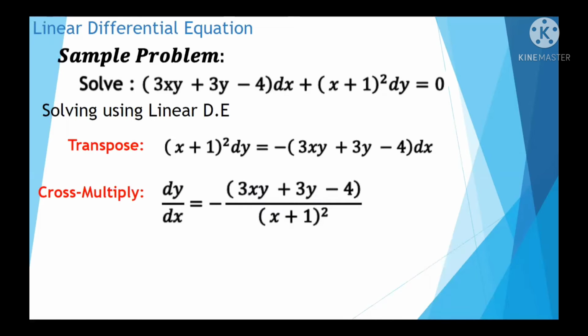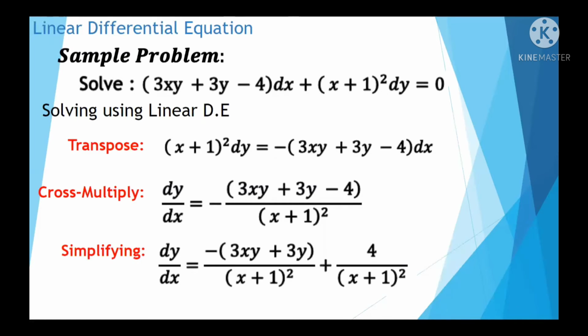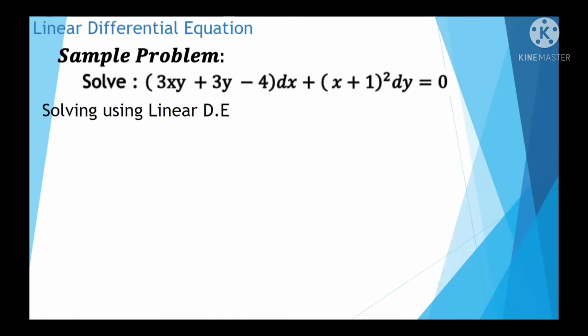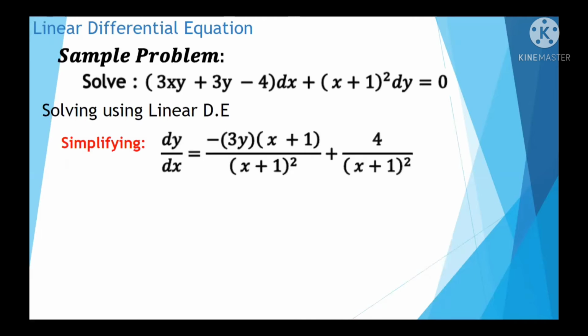Cross multiply, we will have dy over dx is equal to negative quantity 3xy plus 3y minus 4 quantity all over quantity x plus 1 squared. Simplifying further, so here's how to simplify. Subtract the exponents of similar terms. The equation now becomes like this.